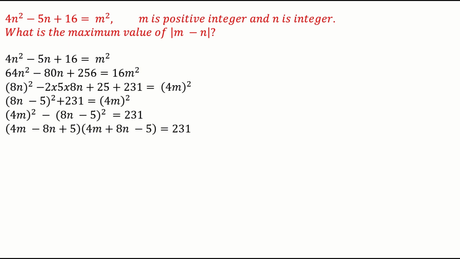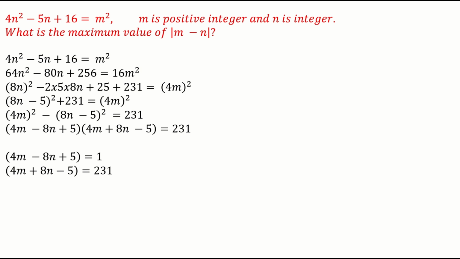This is x square minus 5 square equal to some number, right? I can rewrite this as 4m minus 8n plus 5 into 4m plus 8n minus 5 equal to 231. Since 231 factors as 231 into 1, we can make two equations: 4m minus 8n plus 5 equal to 1 and 4m plus 8n minus 5 equal to 231.